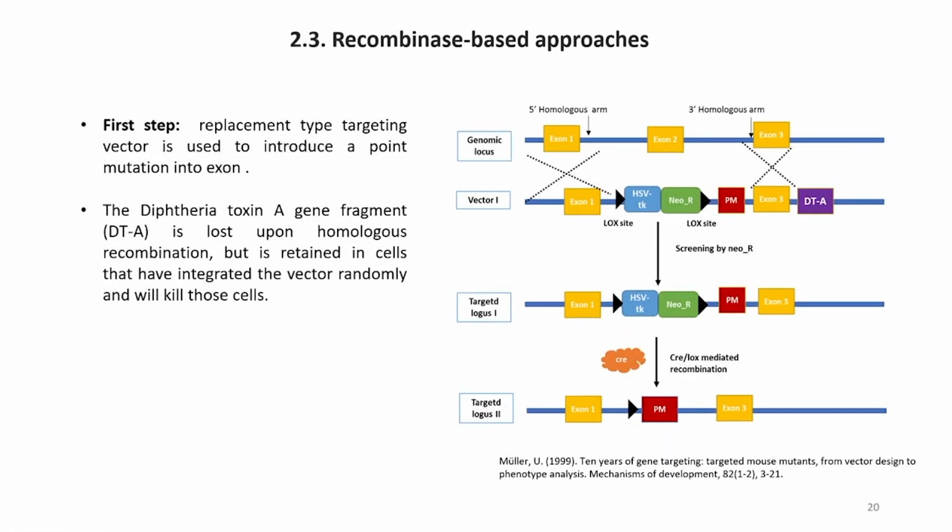The third procedure is the recombination based approach. Here also you can see that you have a vector which is having 2 exons, exon 1 and exon 3, and then you have these markers HSV-TK and neo-R, and you have the LOX sites which are adjacent to the HSV-TK on the one side and neomycin R on the other side.